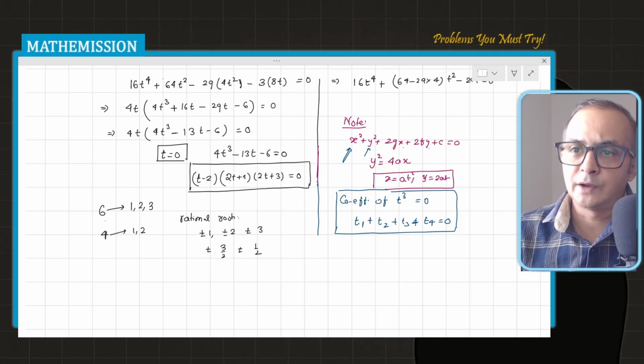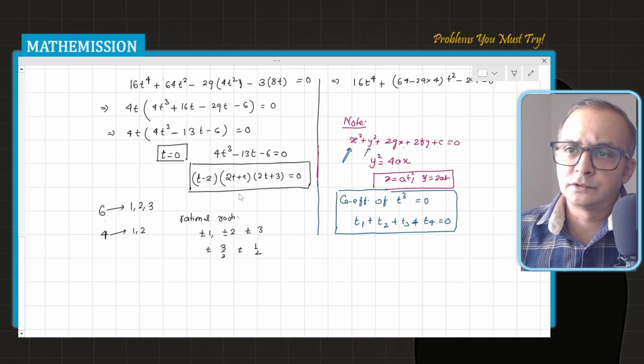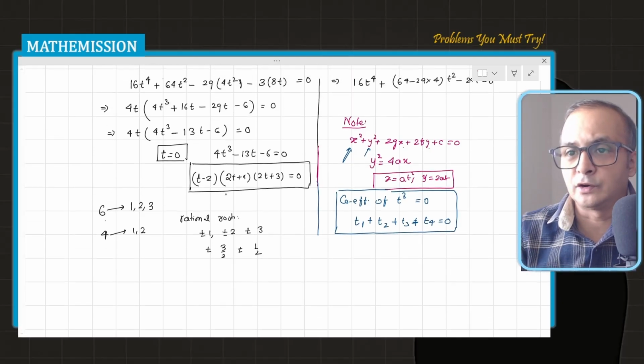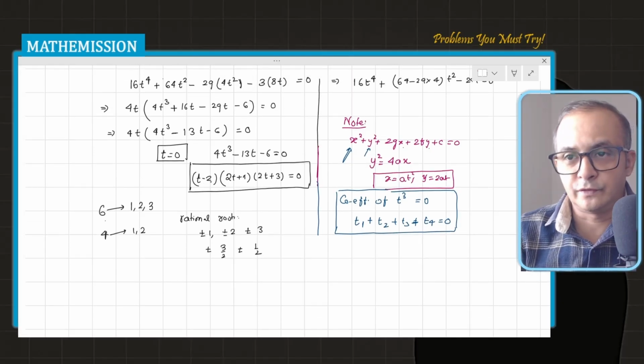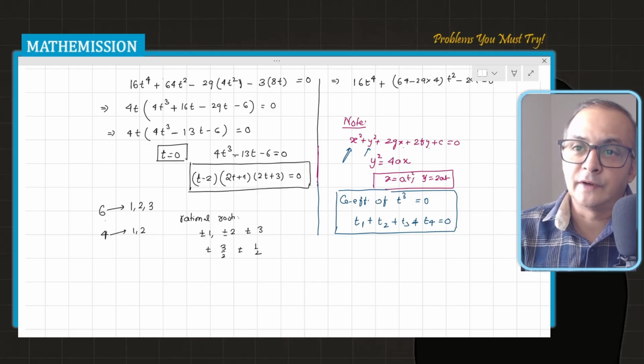We have to check one by one. If you find one root, we can find the remainder. Or if you know that t minus 2 is one of the factors, we can create the new quadratic factor by dividing it.